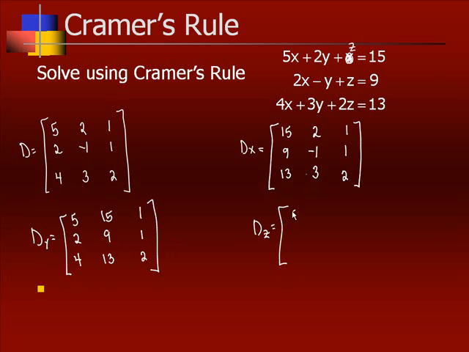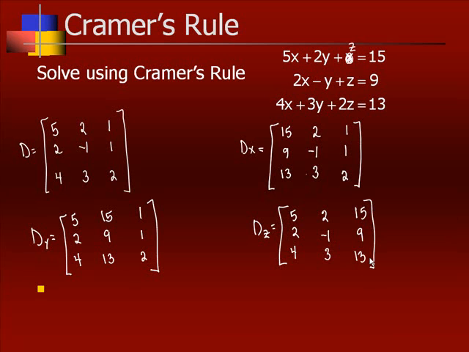Dz would be keep your x column, keep your y column, and move your answers into the z column. Everybody good? Now, from here, it's up to you on how you would like to solve each 3 by 3 determinant.